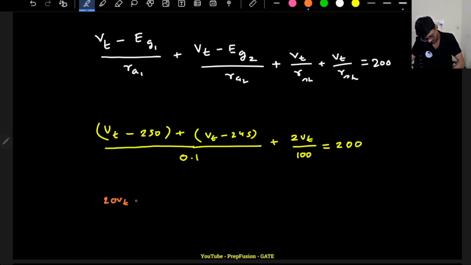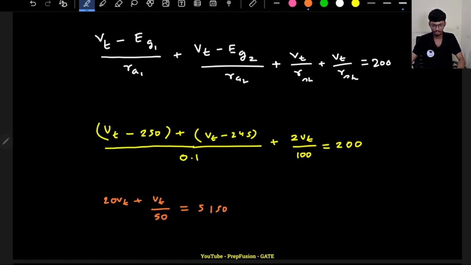So this value will be basically 20 Vt plus Vt by 50, and this is equal to 2500, 2400. So basically 5000, sorry, 4950. 4950 plus 200, 5150.